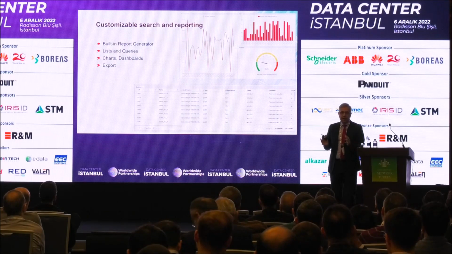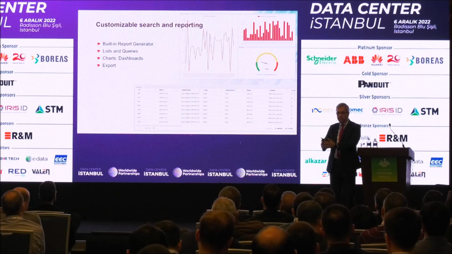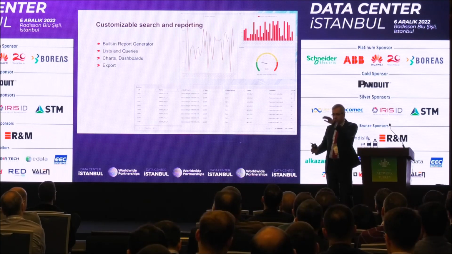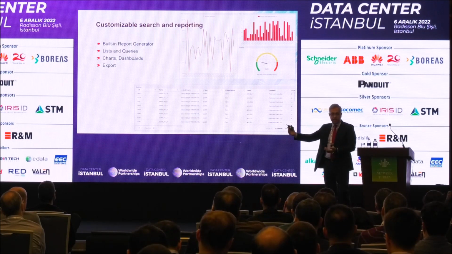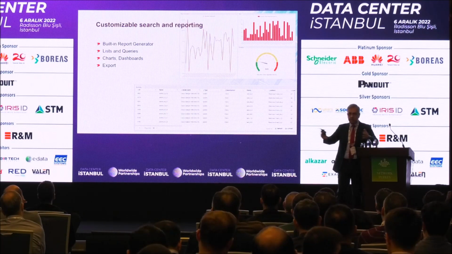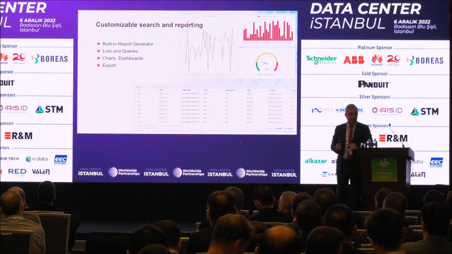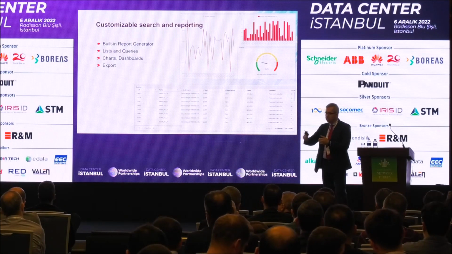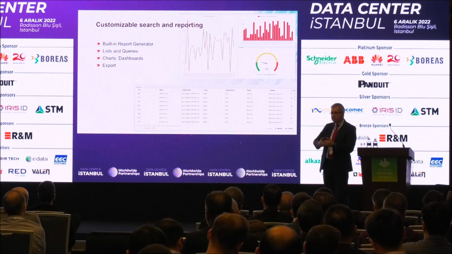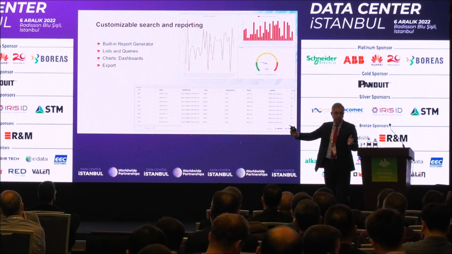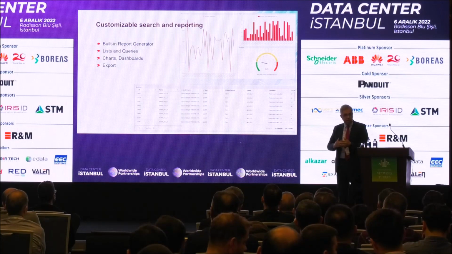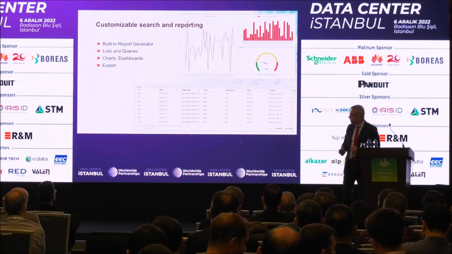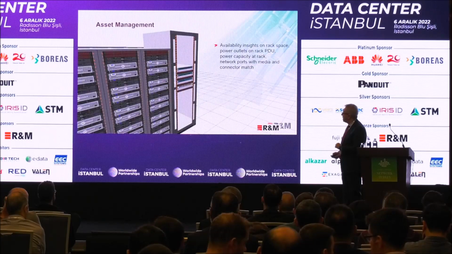For example, I need to search for the cabinets which are at 80% fill capacity, because I need to plan for an upgrade. Or maybe I have 1,000 copper links, and I need to know which ones are upgradable to Cat 8, because Cat 8, as we know, only goes up to 24 meters. So I need to keep a database for this. The search and reporting is very important.